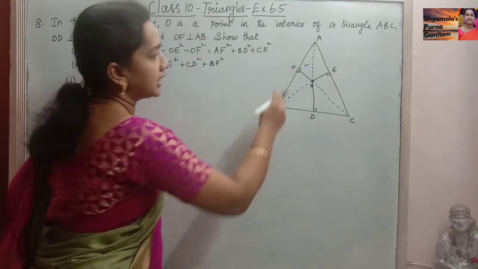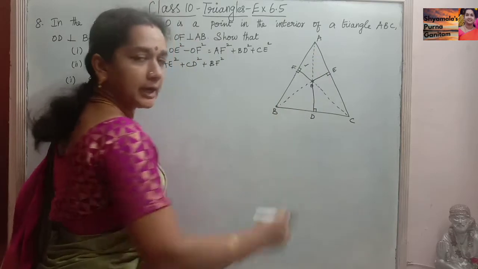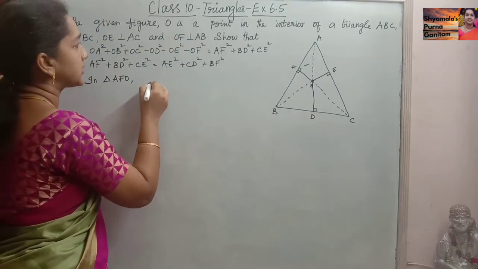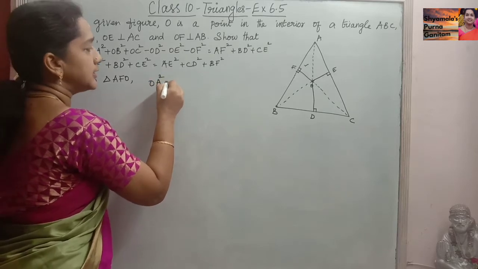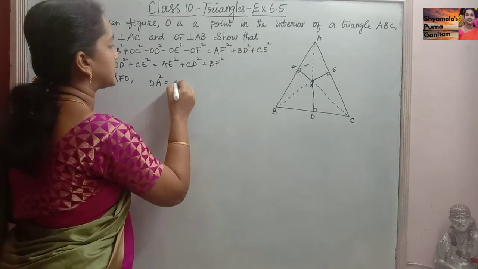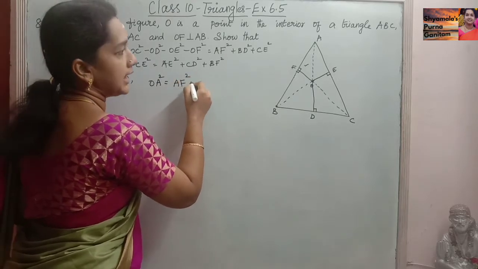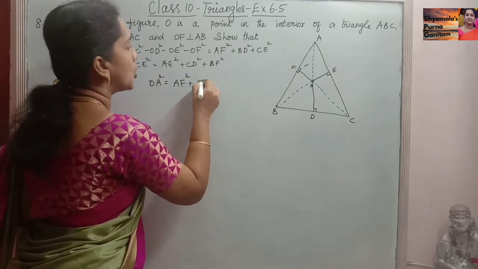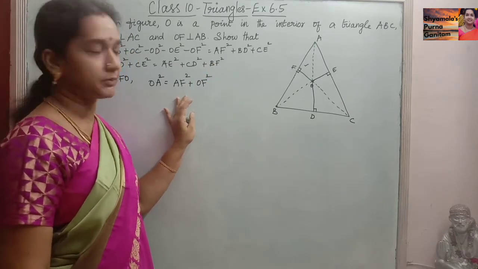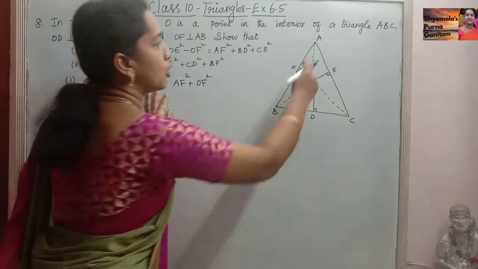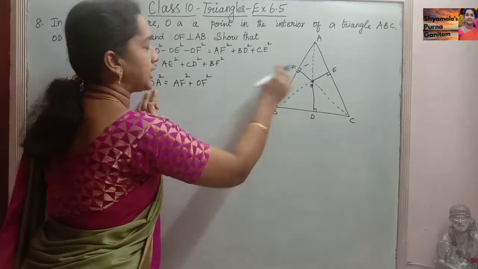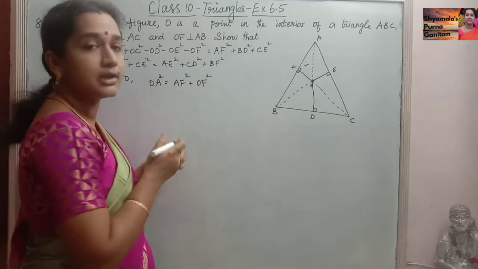Since this is a right angle, the side opposite to it is the hypotenuse. So hypotenuse squared, that is OA squared, is equal to the sum of the squares of the other two sides, AF squared plus OF squared.